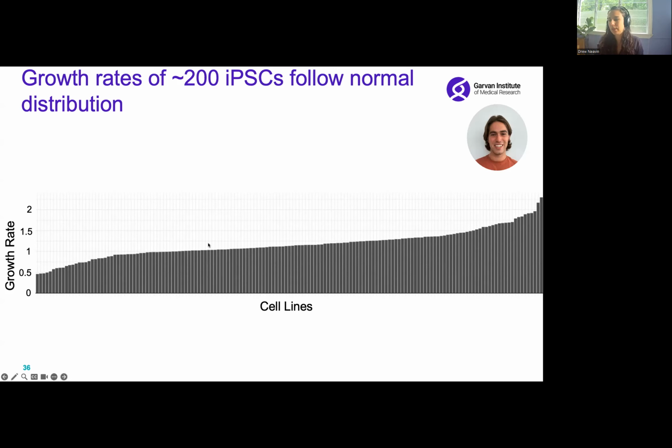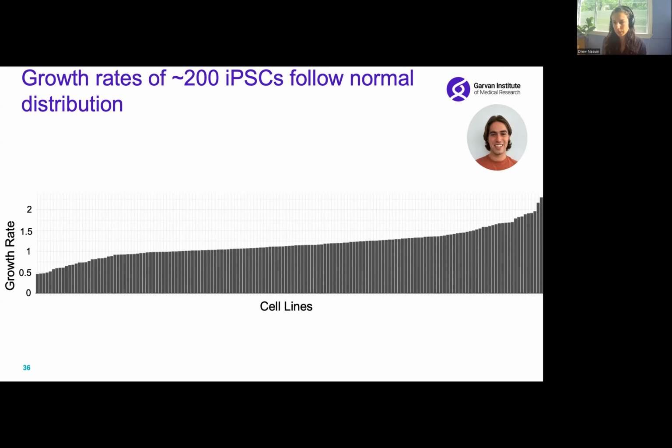And you can see that somewhat reassuringly, these follow a normal distribution, as you would probably expect. So most of our cell lines have very similar growth rates, and this metric is just a metric for comparing the lines. It doesn't really reflect replication rate or anything, but between a growth rate of 1 and 1.5 is where most of our cell lines lie, with a few cell lines on either tail that have lower growth rates and higher growth rates.